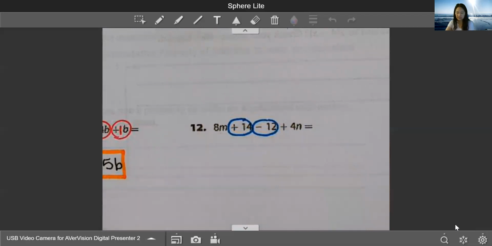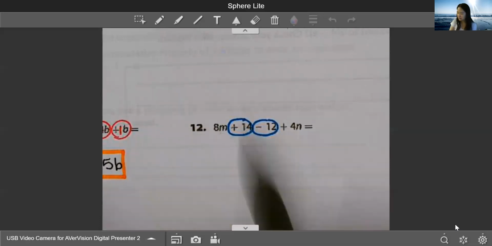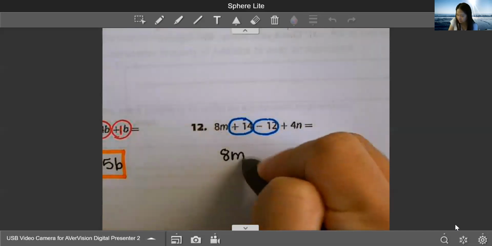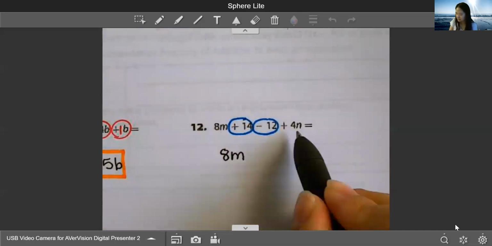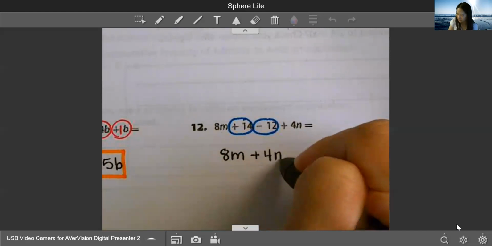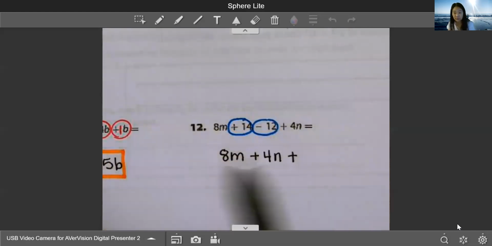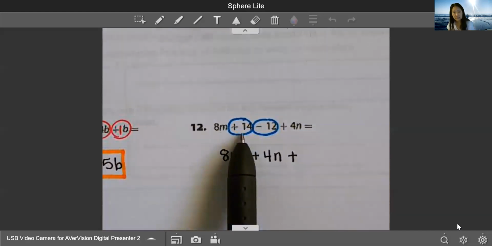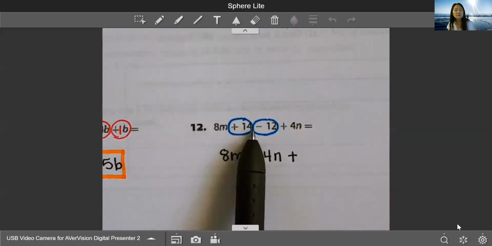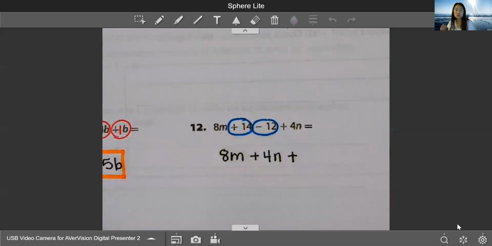So since I'm going to need to do it in alphabetical order, this is how I'm going to write the answer. I know m comes before n, so I'm going to just simply bring down 8m and bring down plus 4n, and then plus, now you need to solve this. 14, this plus also means positive, so positive 14. 14 minus 12 is 2.